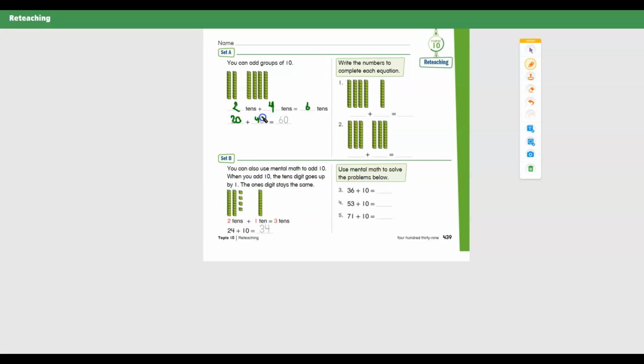And when you add the two together, 20 plus 40 is equal to 60.